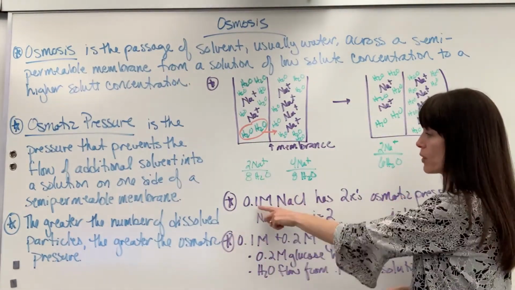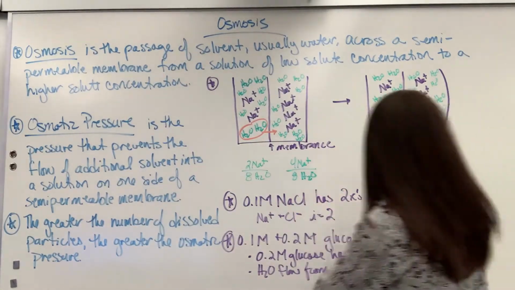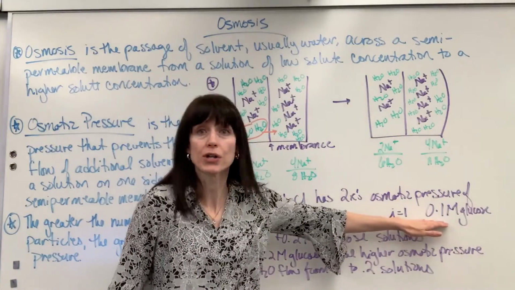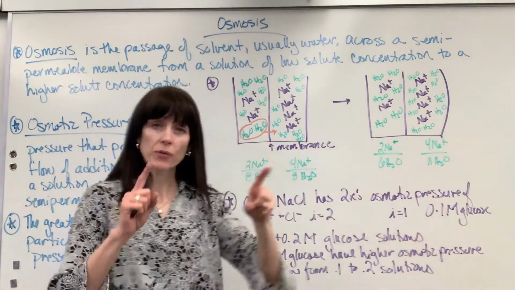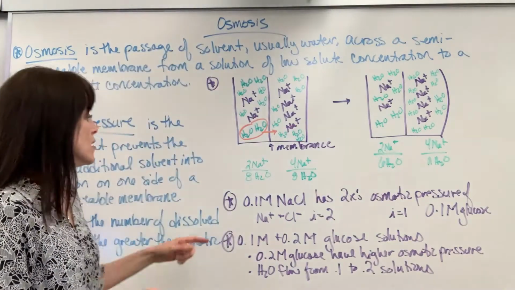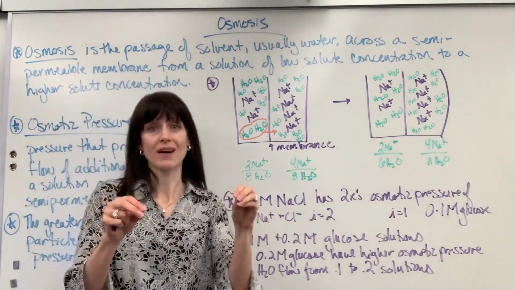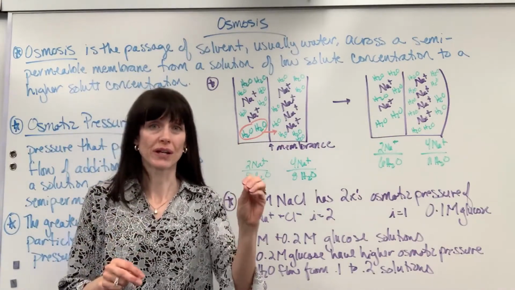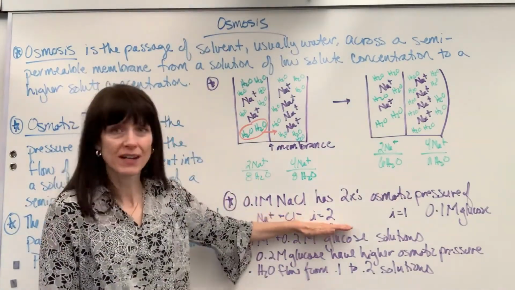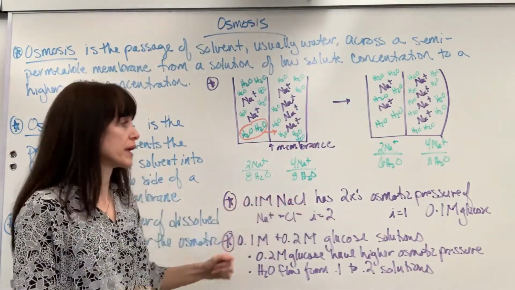If I have a 0.1 molar sodium chloride compared to a 1 molar glucose, so they're both 0.1 molar, you have to look at the dissolved particles. Sodium chloride, when it dissolves, breaks into 2 ions, sodium ion, chloride ion. So its Van't Hoff factor is 2. It produces 2 particles for every 1 sodium chloride.